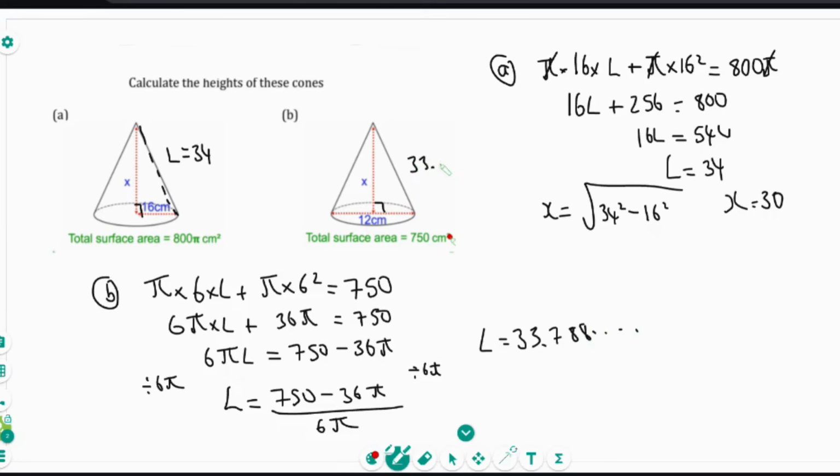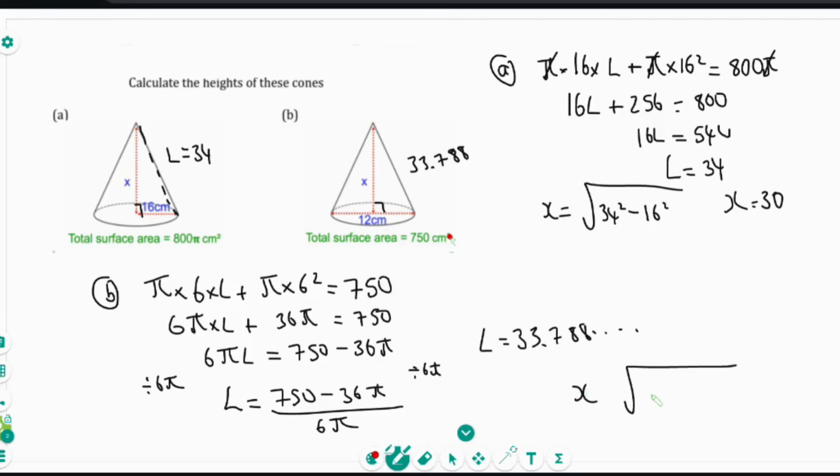Which gives us an answer of 33.788. So that's my L. So with Pythagoras, I have my hypotenuse.